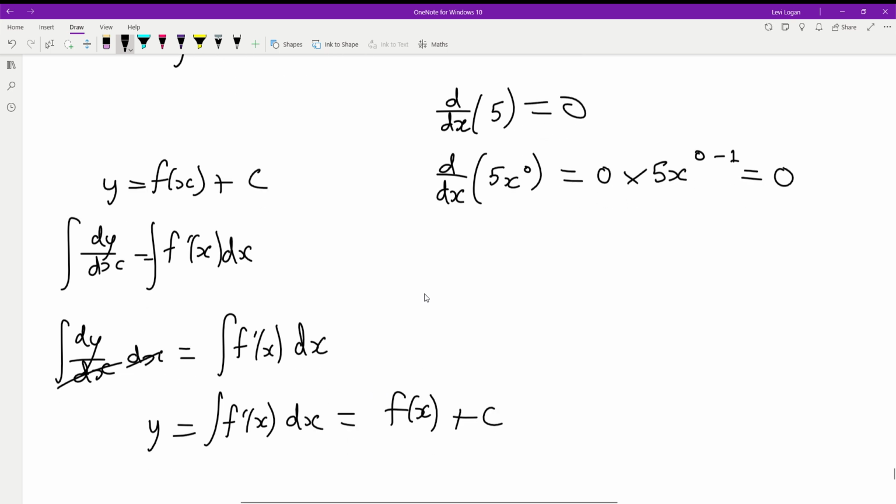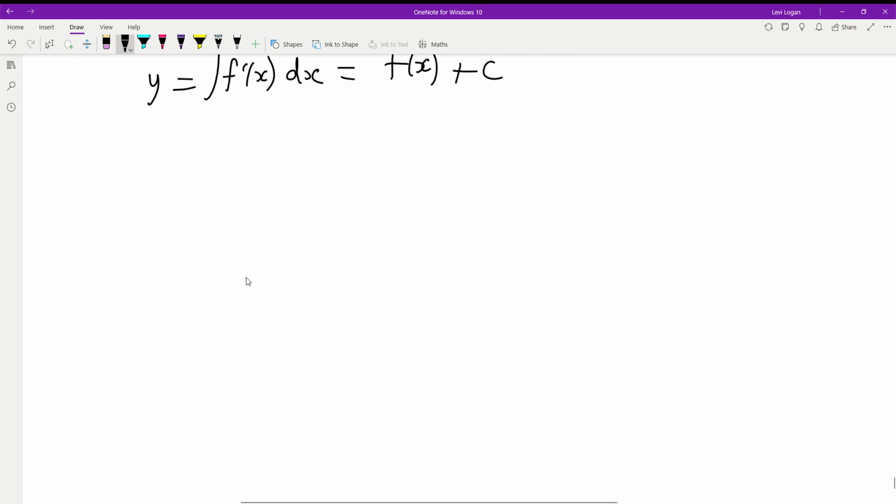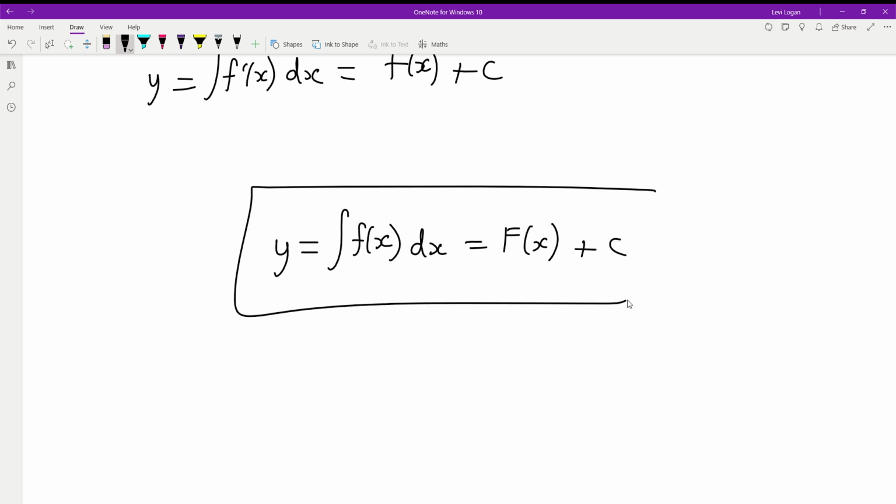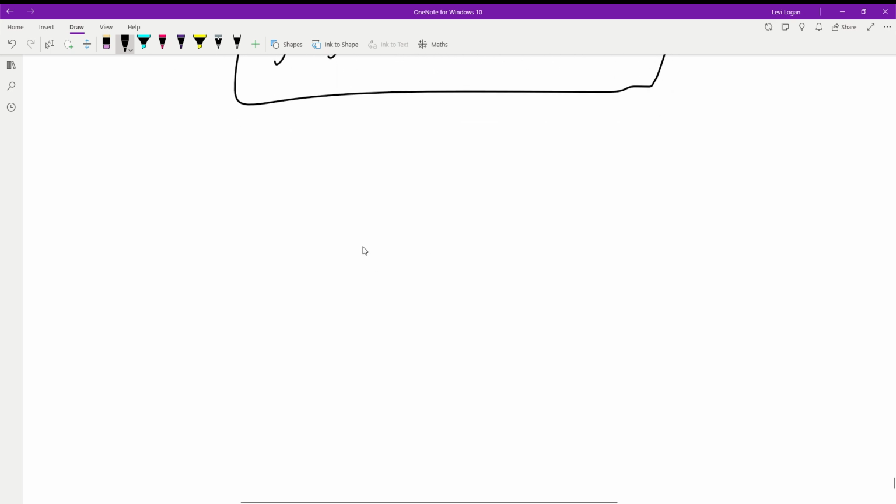Okay? So y equals the integral of f of x with respect to x. Now this dx here tells me what variable I'm integrating with respect to. This is going to be equal to another function, the integral function, plus some constant pretty much.